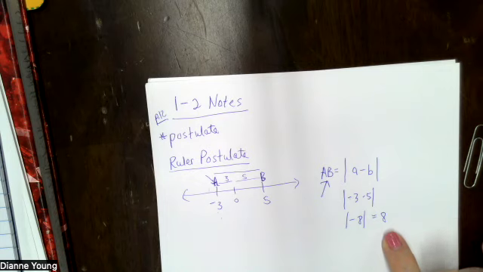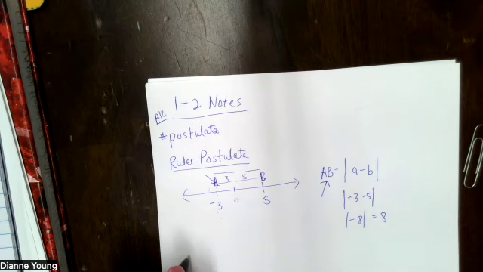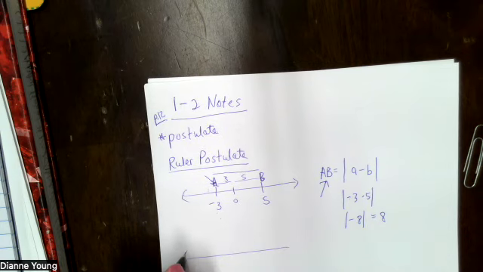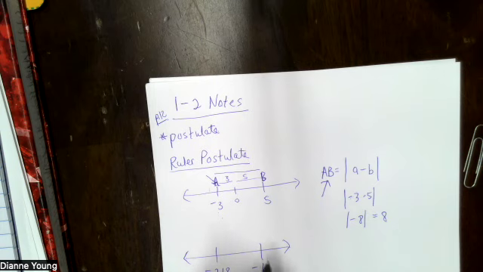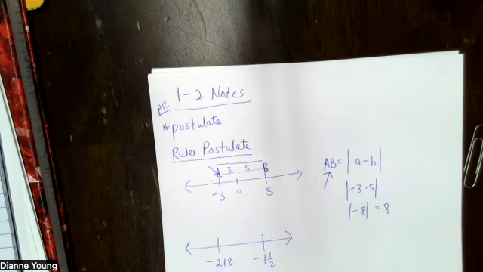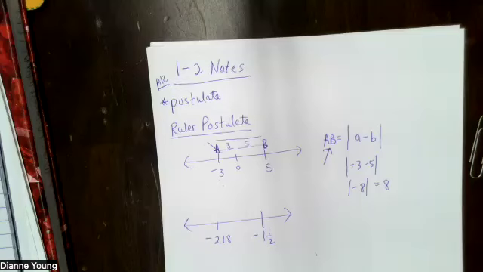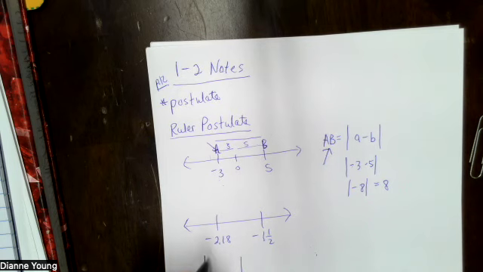But it helps us if we have something like, what if you wanted -2.18 and -1 1/2? If you had something like that, where the numbers aren't quite as easy to just kind of count them up, then you use the rule and you would go like this. My numbers are this. I'm subtracting a negative.